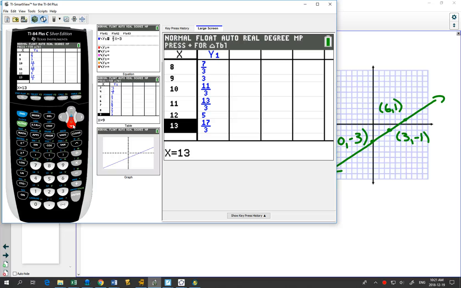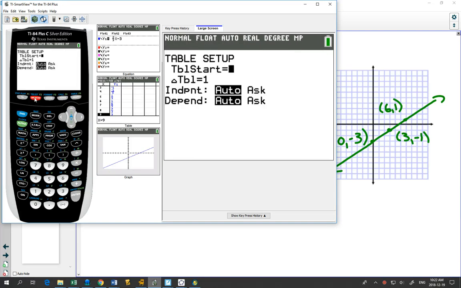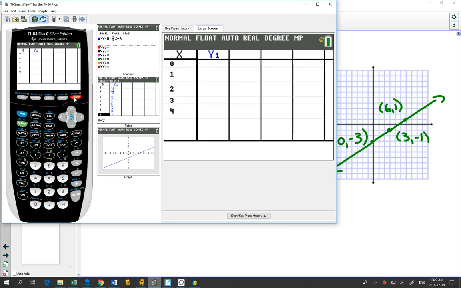And then I said, you know, above the window button is a table set button. Right now I'm starting at 8, so second table set, I could just start it at 0 again and push enter. And then when I go back to my table, it starts at 0 again. That is even faster. So the table of values is built in.